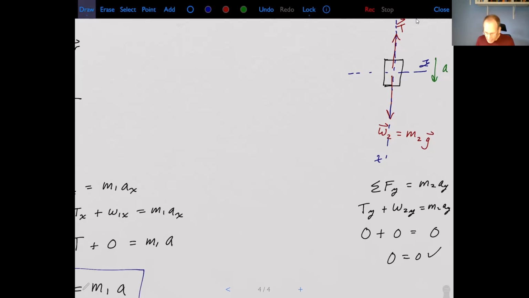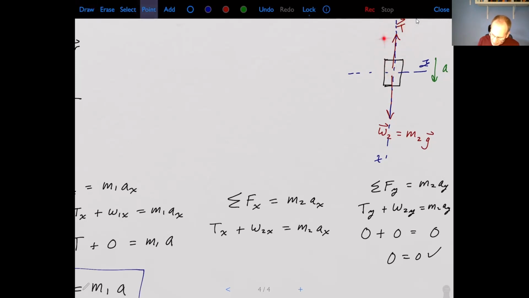Okay? So now I'm going to go to the X direction. I'll do that right here. So sum of the forces in the X equals M2 AX. So again, I want the X component of the tension plus the X component of the weight. That's equal to M2 AX. Well, how much of that tension is in the X direction?